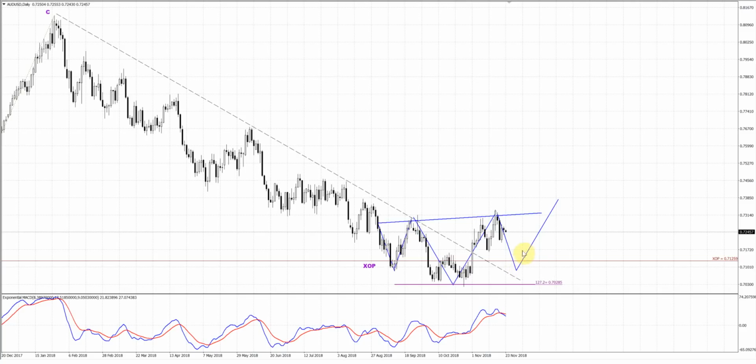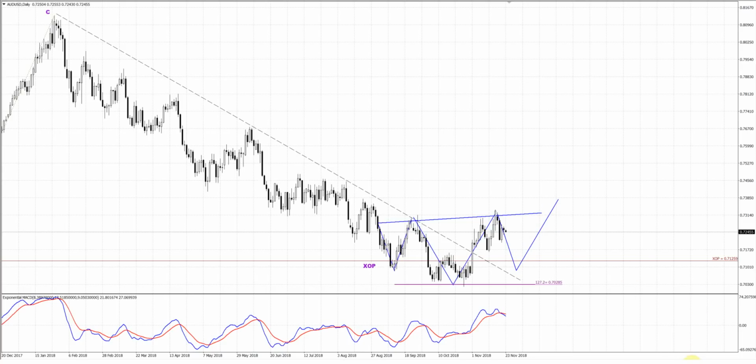The potential target of this action, as I drew here, is the ABCD retracement up, either to the OP, or maybe, if some driving factors appear, it could be XOP. But currently, the most important thing is whether the market will be able to keep the head and shoulders valid. So we need to hold above the 71.20 area, to not drop below the bottom of the shoulder, and start upward action. That's the primary thing to watch for.